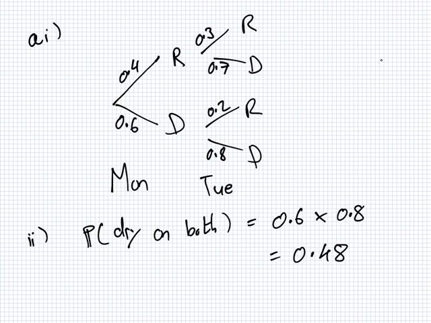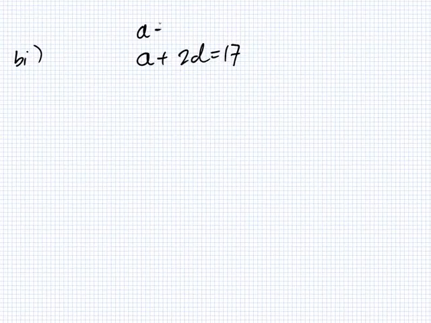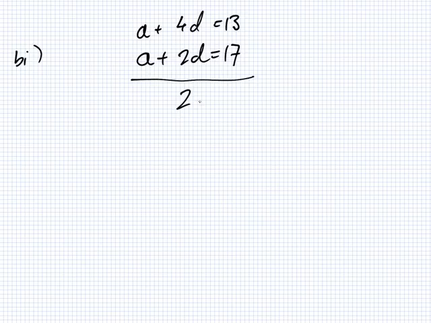Scroll down. Okay, B part. In an arithmetic progression, the third term is 17, and the fourth term is 13. Find A and D for 2 marks. Okay, so here I get 2D is minus 4, so D is minus 2.